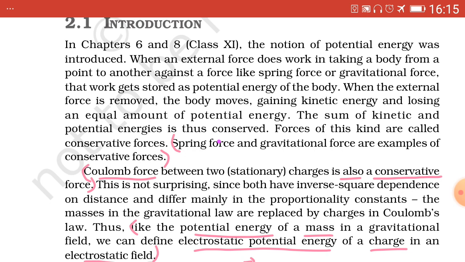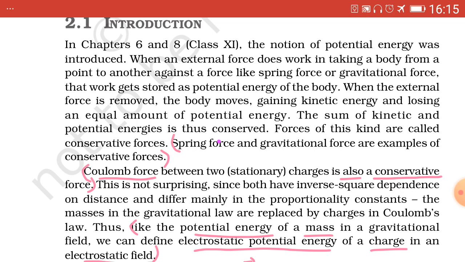We have already studied that spring force and gravitational force are examples of conservative forces. Coulomb force between two stationary charges is also an example of conservative force.